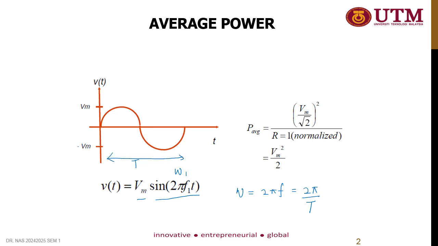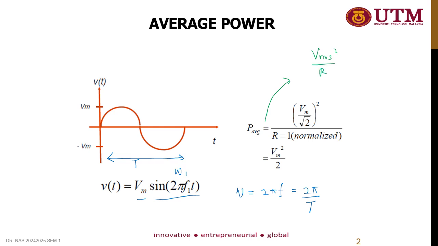So P average can be calculated by dividing V RMS squared by R. So this is equal to V RMS squared divided by R.